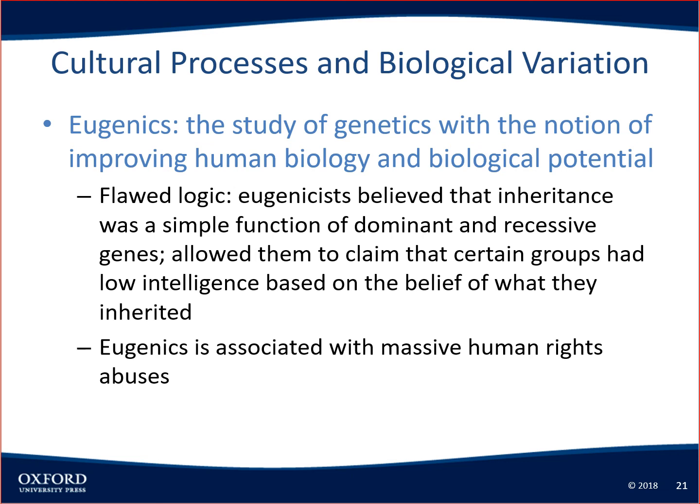Eugenics held that inheritance was a simple function of dominant and recessive genes, which allowed claims that certain groups had low intelligence based on beliefs about what they inherited. Eugenics is associated with mass human rights abuses. This was one of Hitler's big things, with the use of eugenics.